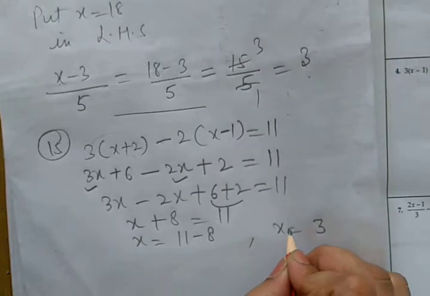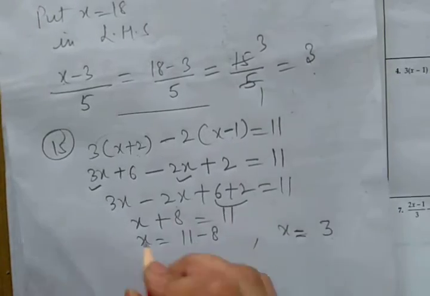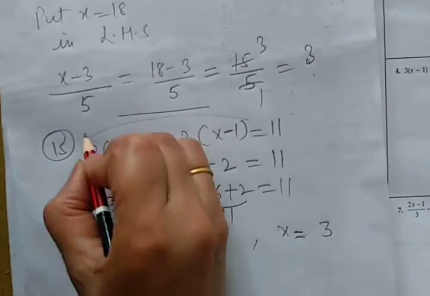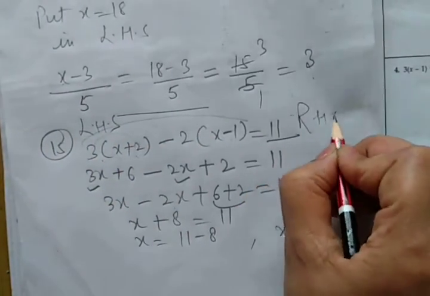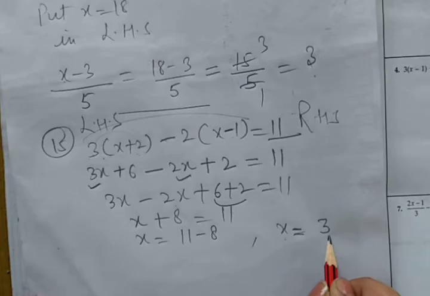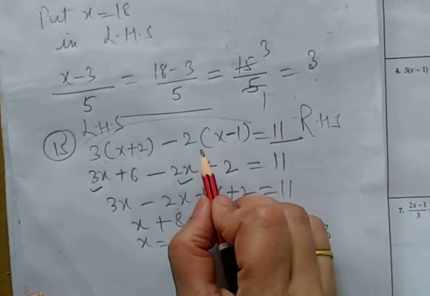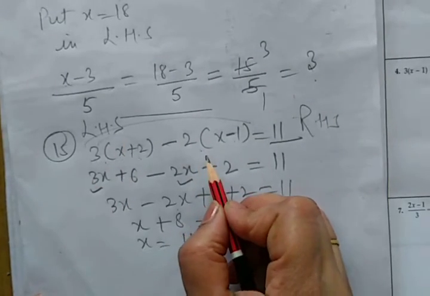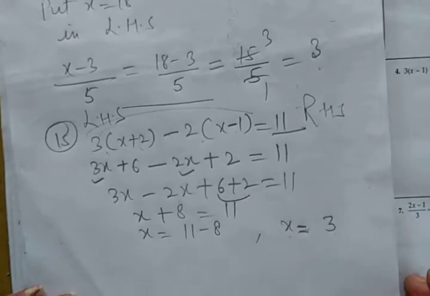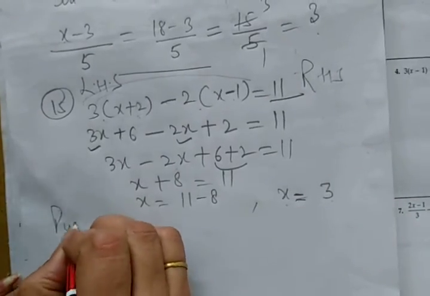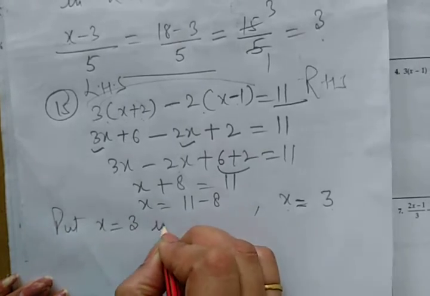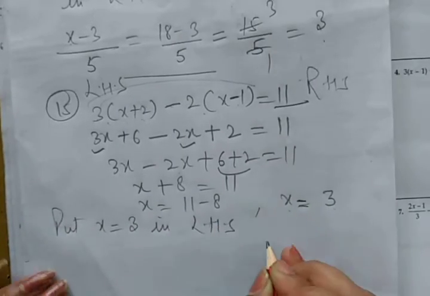Now we will put this value, x is equal to 3, in the left hand side. This is the left hand side and this is the right hand side. Okay, after putting x is equal to 3, we are checking is it equal to 11 or not. So put x is equal to 3 in the left hand side.